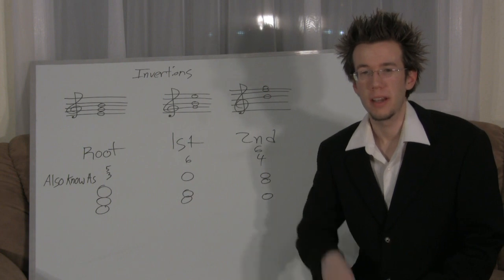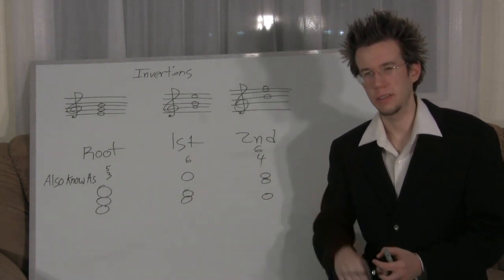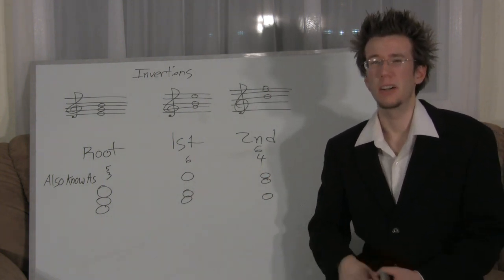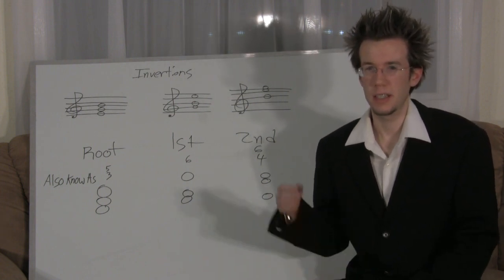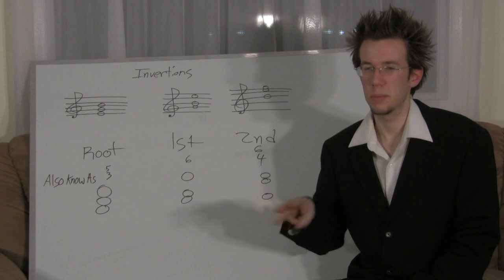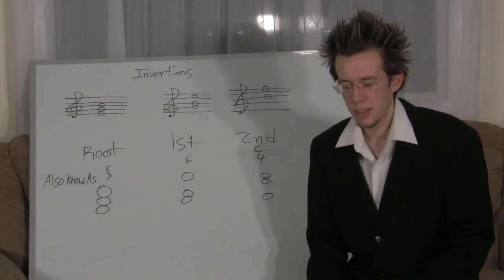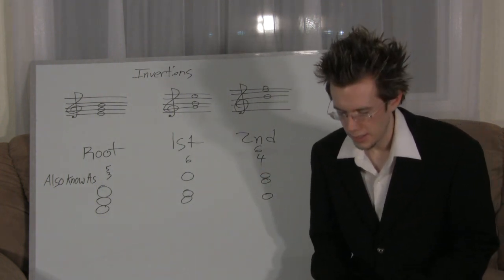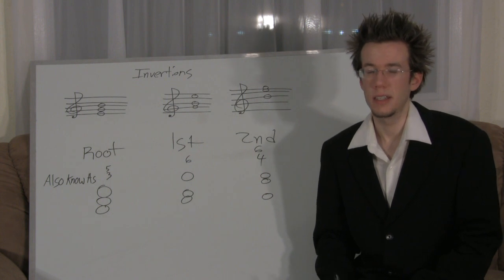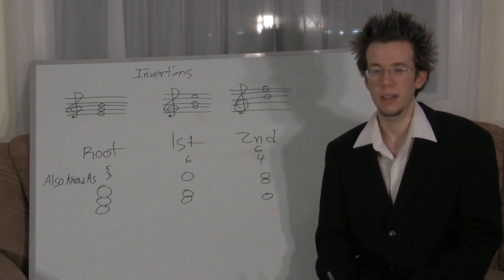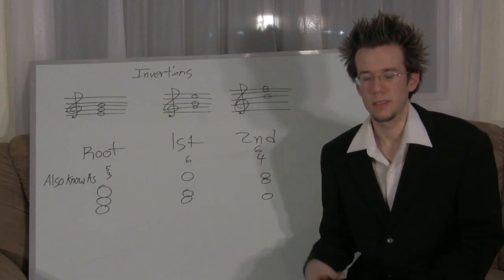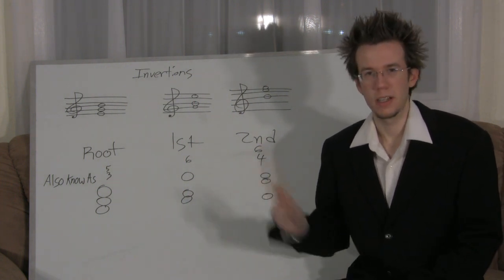Okay, so we covered the triads, but now I have to cover the next topic, which is called inversions. What an inversion is basically, you take the 3 notes that you have and you can mix them up in a different order. So say you were using C, E, G. You could reorganize them in a different order.